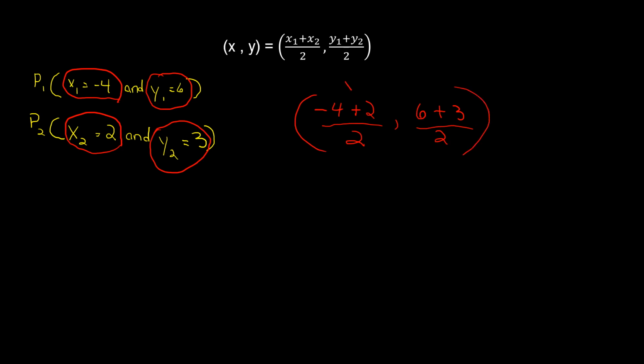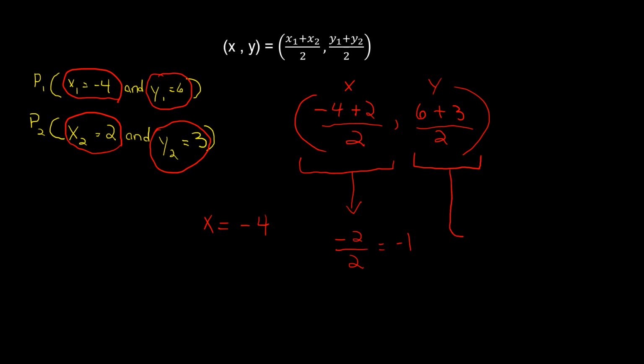This is our x value, and this is our y value. So let's start with our x value. Let's evaluate it. So we know that at the top, -4 plus 2 will give us a -2, divided by 2, which will give us a -1. So x equals -1.